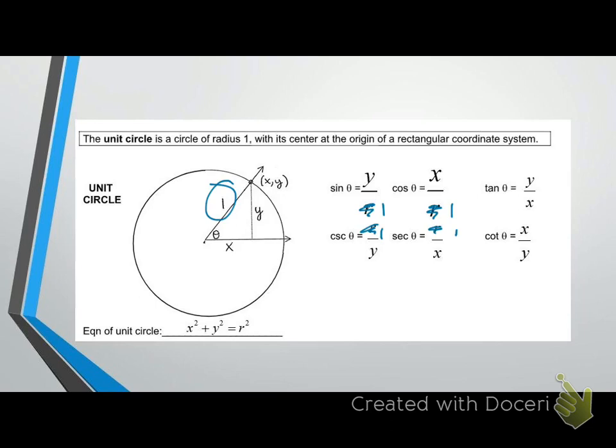And so what that means is that sine theta is just the y coordinate in the unit circle. Cosine theta is just the x coordinate in the unit circle. And tangent is still going to be the y coordinate over the x coordinate.